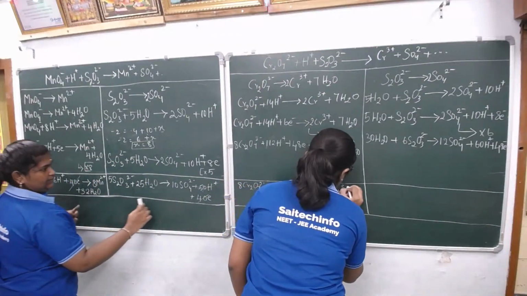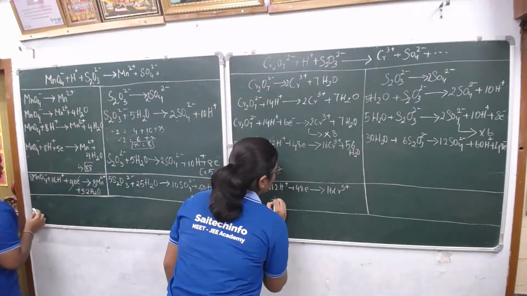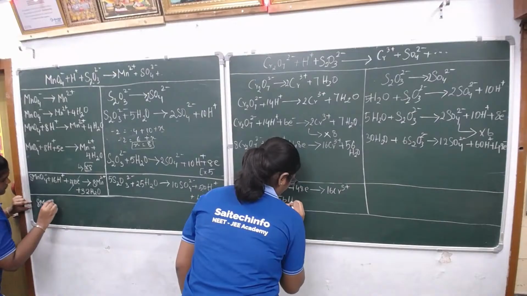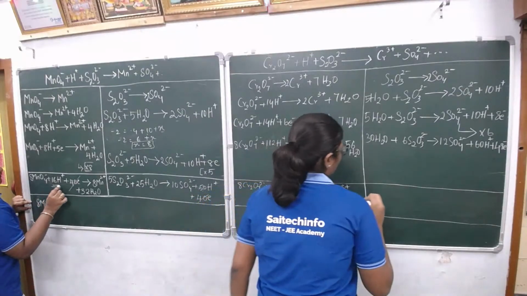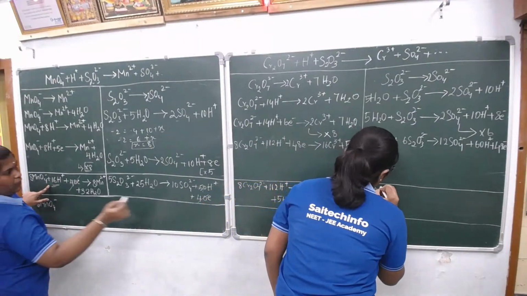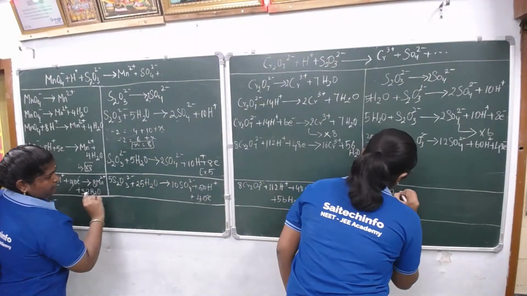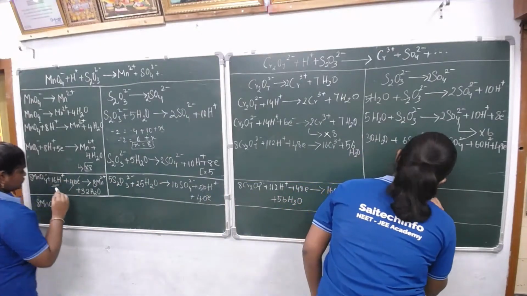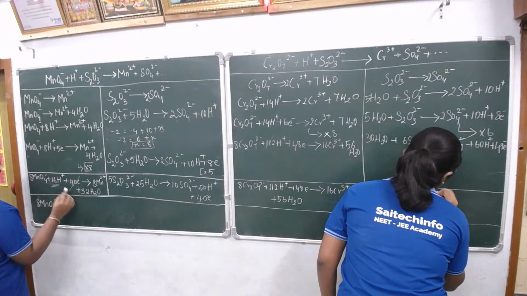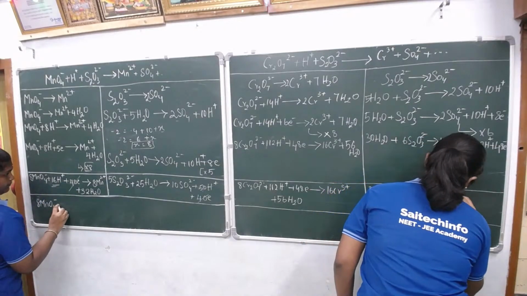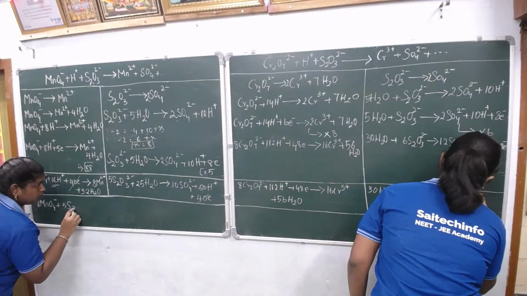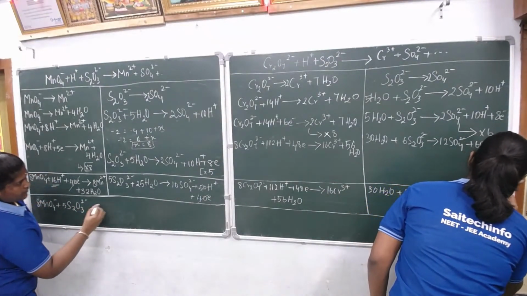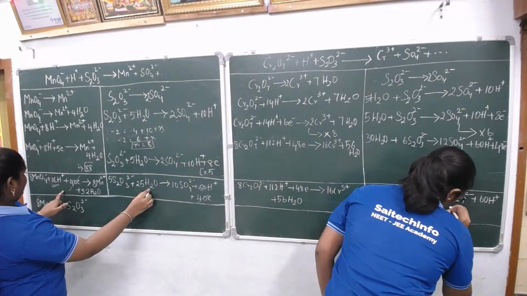So we need to combine both these reactions. We'll get 8 MnO4 minus plus here in this side 16H plus over there 50H plus. So we need to subtract 50 minus 16. We need to write it on the other side. So let it be here. 8 MnO4 minus plus 5 S2O3 2 minus. So here 25 H2O is there and here 32.